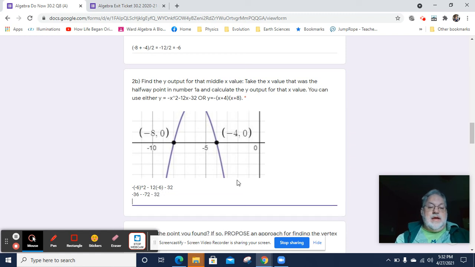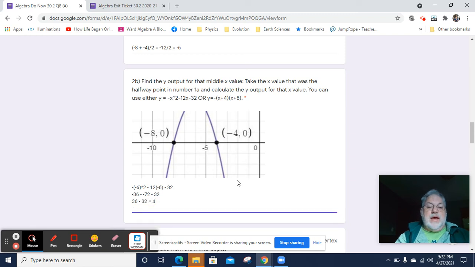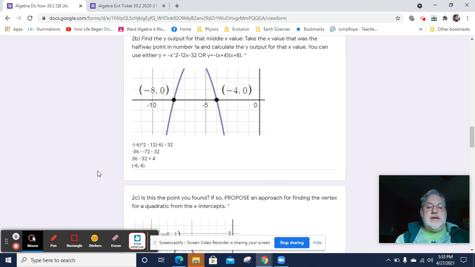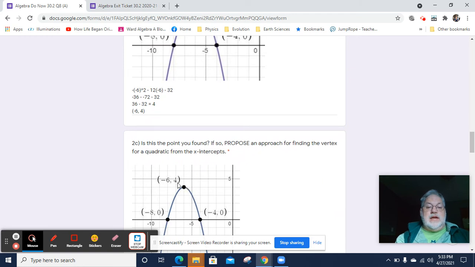So the negative 36 and the 72 is going to end up getting us to positive 36. So that'll be 36 minus 32, and that's going to equal 4. So we will have a point at negative 6 comma 4. Now let's see what we got. Oh, look at that, negative 6, 4. Is that what we found? Absolutely.